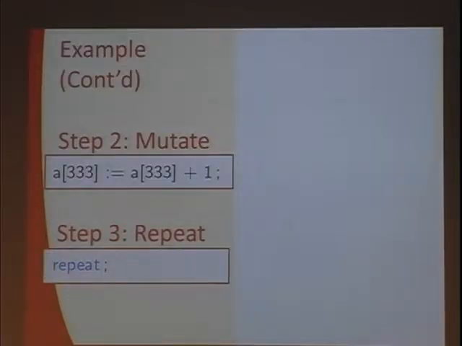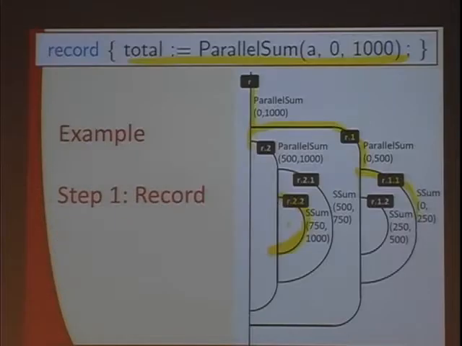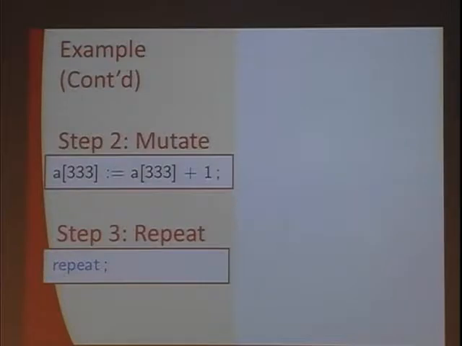So if I come along and mutate the state now, I've recorded a computation and its behavior. And when I say repeat, I can figure out, based on what was mutated, the parts of that graph that are invalid and need to be re-executed, and the parts that are still valid and whose results can just be looked up.